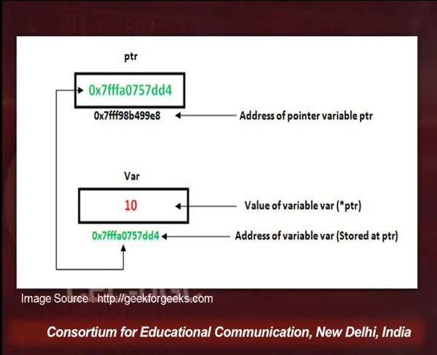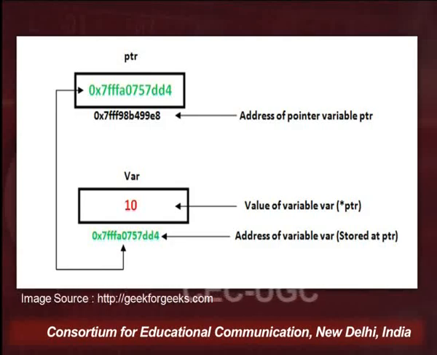That means there is a virtual or symbolic link between the two variables, from pointer to VAR. Your pointer is pointing towards VAR. Whenever I say pointing towards, that essentially means there is an address kind of storage.